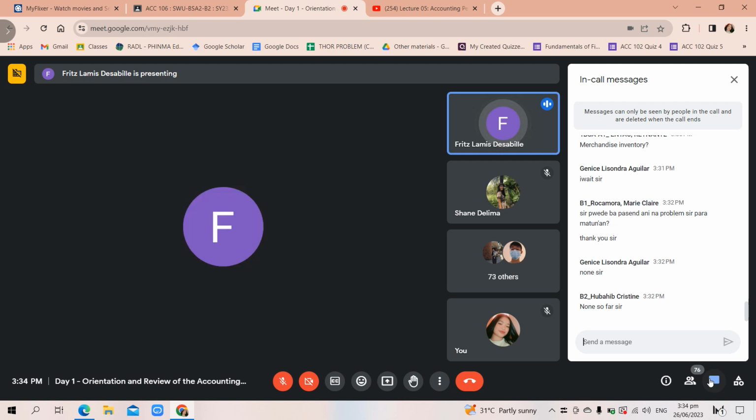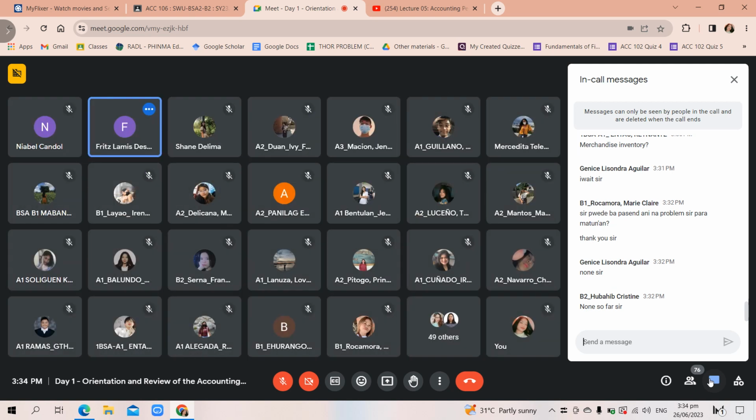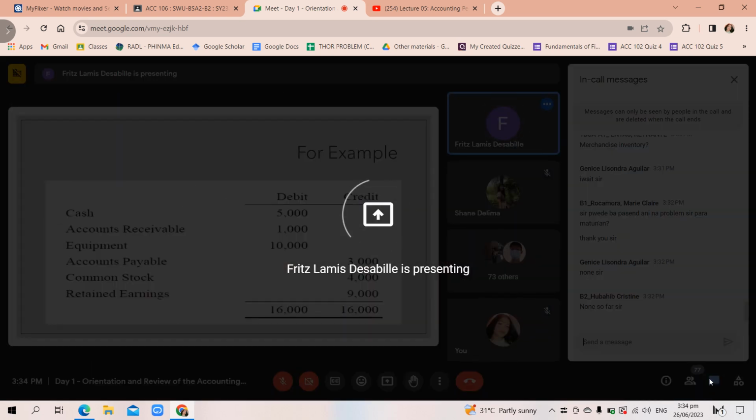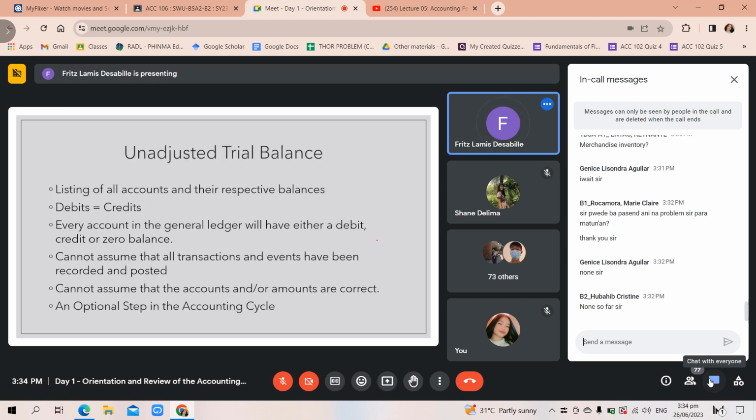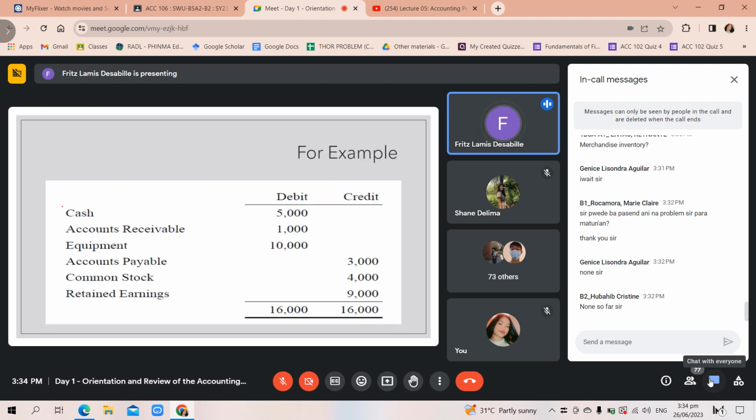Now with that, we go to the next one, the errors revealed by the trial balance. Again, the use of the trial balance: by definition, a trial balance simply means the listing of all accounts in their respective balances.